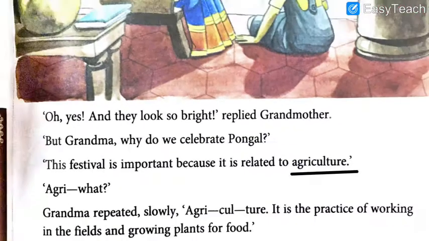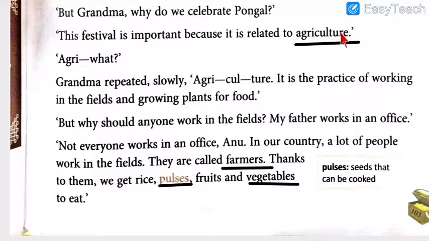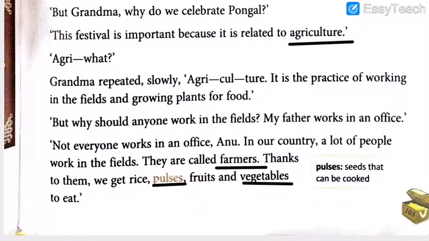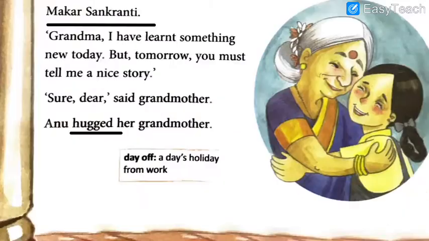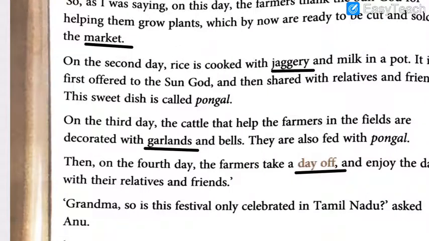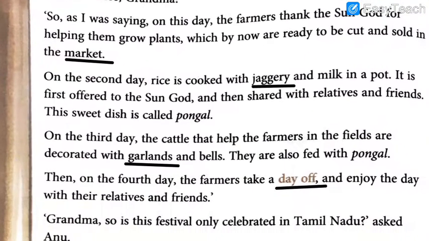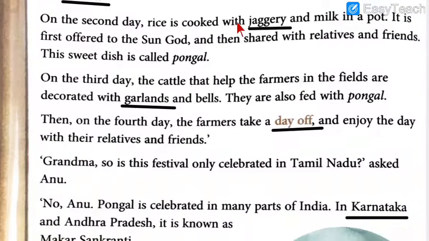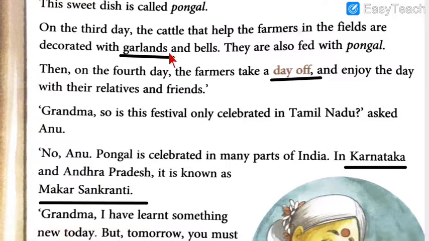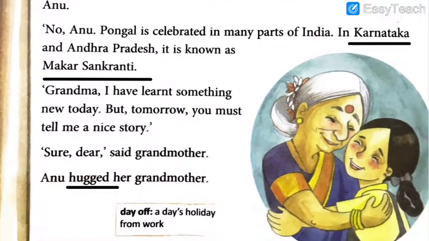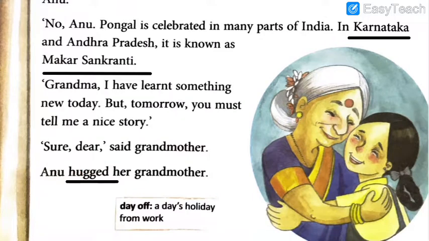From the second page: agriculture, farmers, pulses and vegetables. I hope you are verifying whatever you have written. From the third page: market, jaggery, garlands, day off, Makar Sankranti and hugged. So these were the hard words.